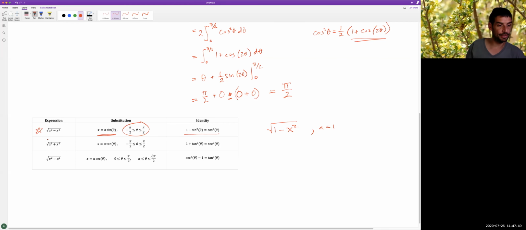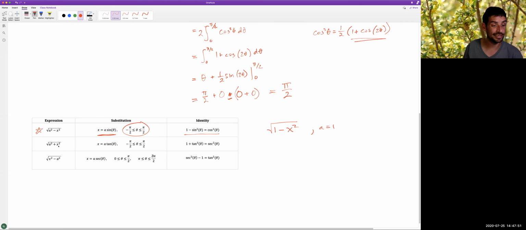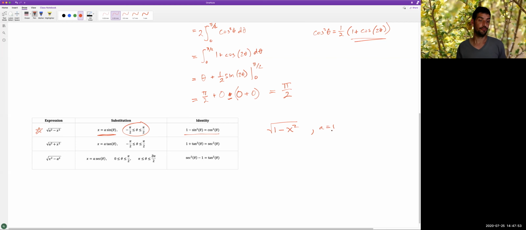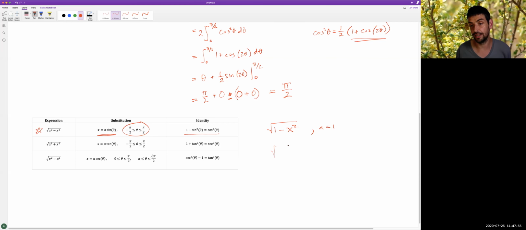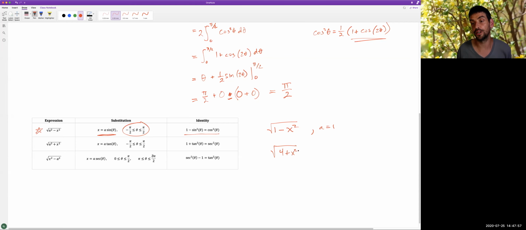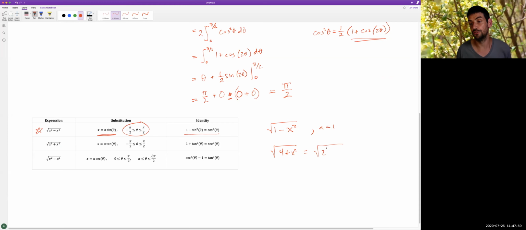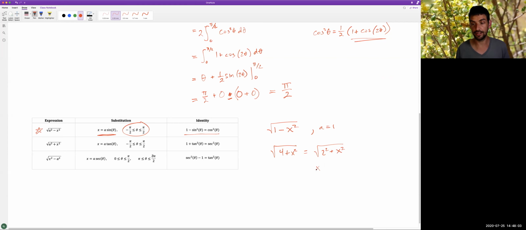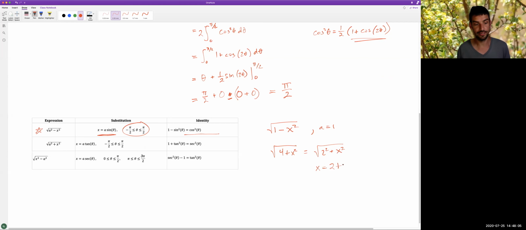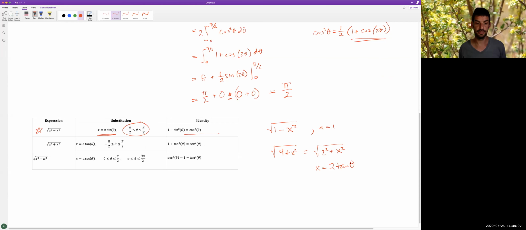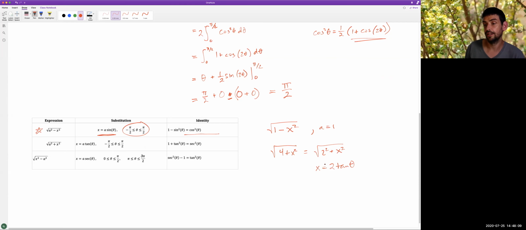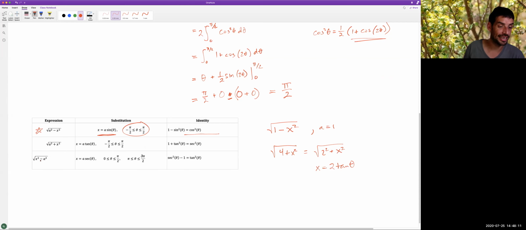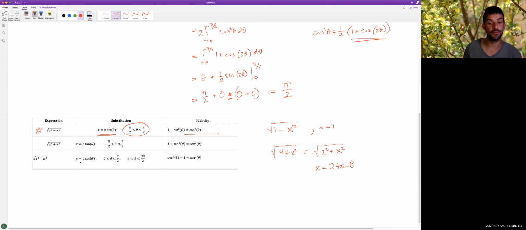You'll do a very similar thing when you see a squared plus x squared. So if we saw something like 4 plus x squared, this is of course 2 squared plus x squared. We would make the substitution x equals 2 tangent theta. If you saw something like x squared minus a squared, you use x equals a secant theta.